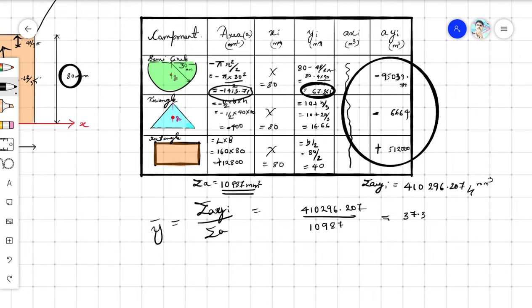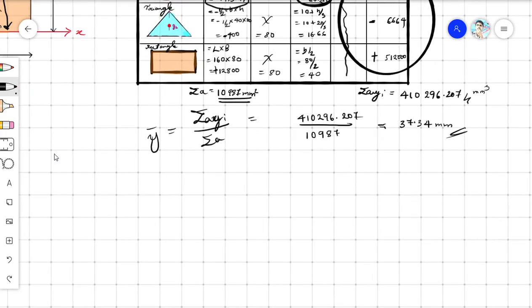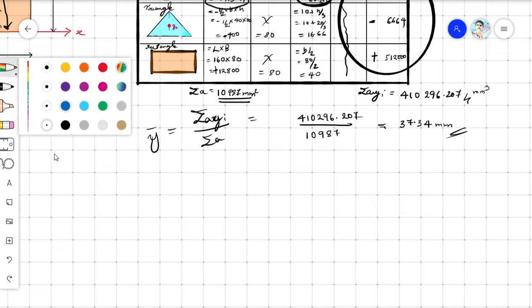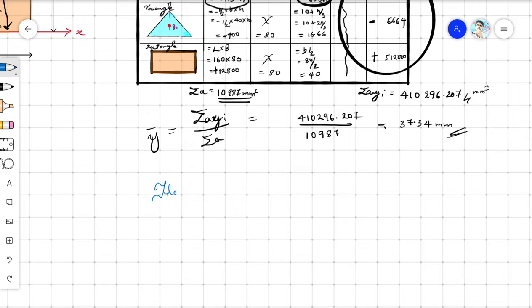around 37.34 mm. If this is the answer, what you have to write at the end is: the centroid of the following built up section is x bar, we know it as 80, comma 37.34 mm. This is your answer.